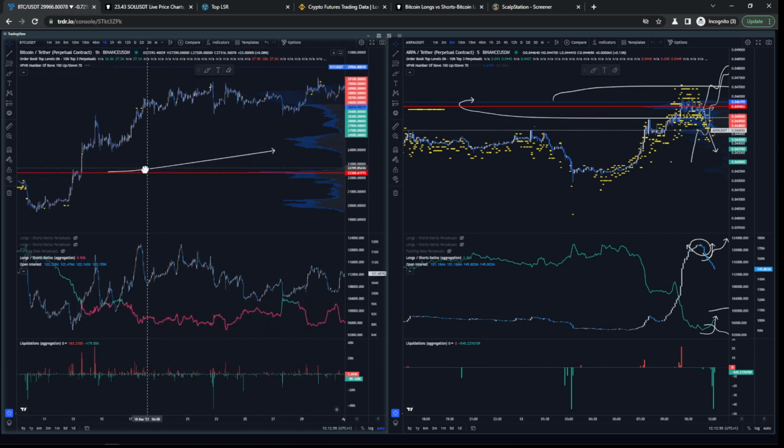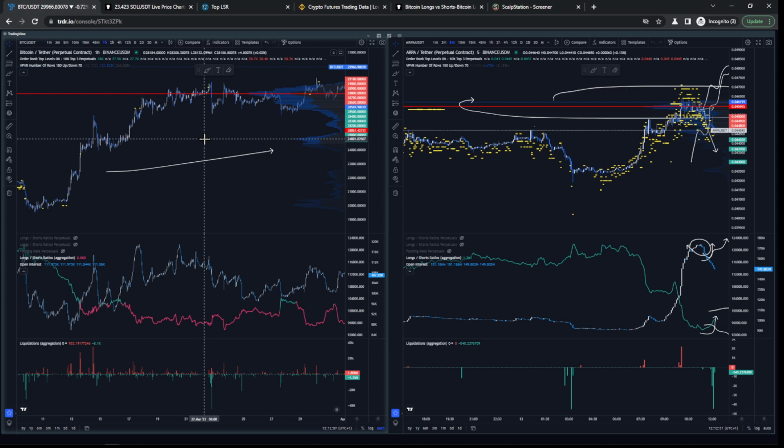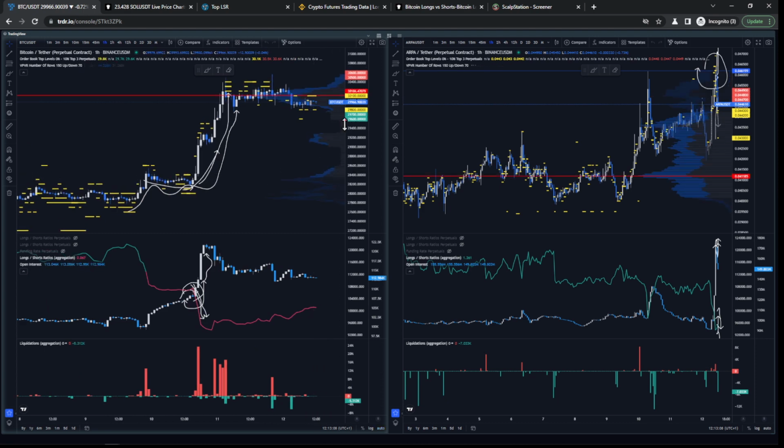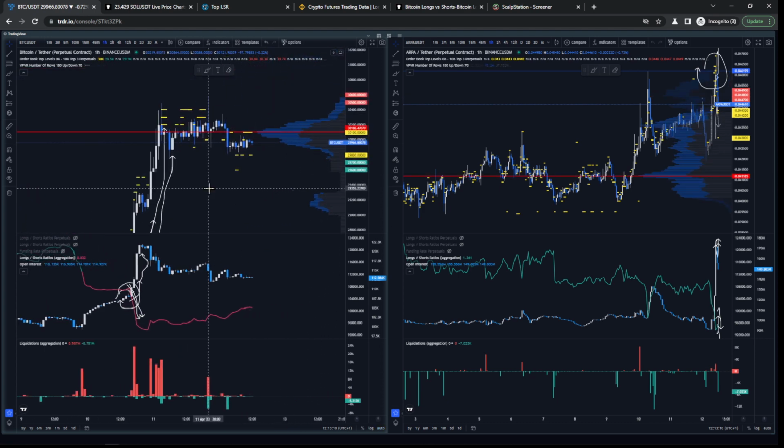We always try to jump in where the liquidity is, where the market makers are getting to execute these people. So we're trying to always jump on board where they're gonna try to liquidate as much as possible, people who are short or long.